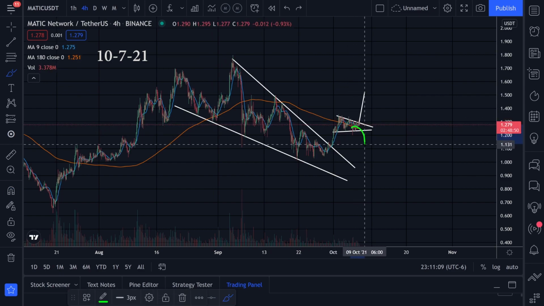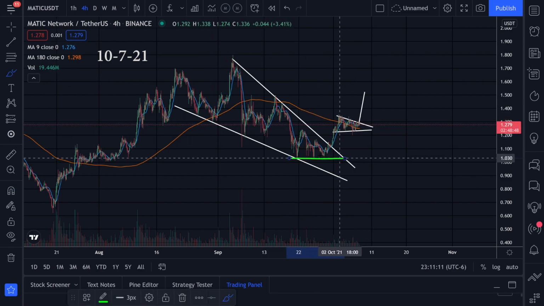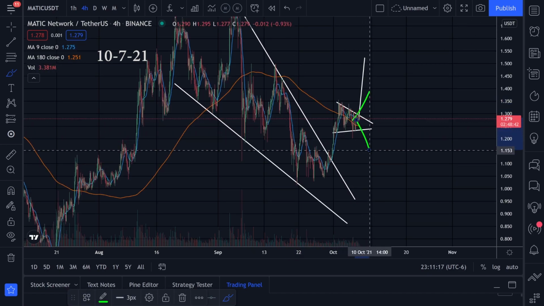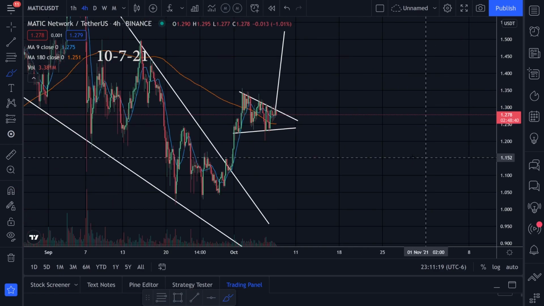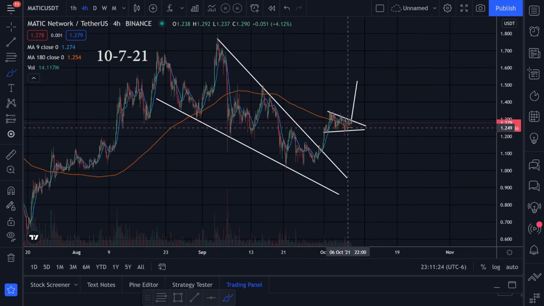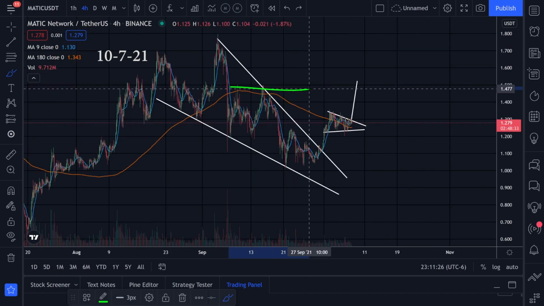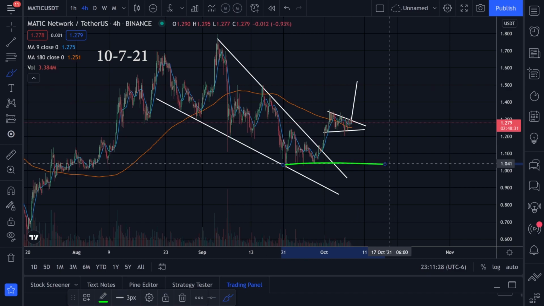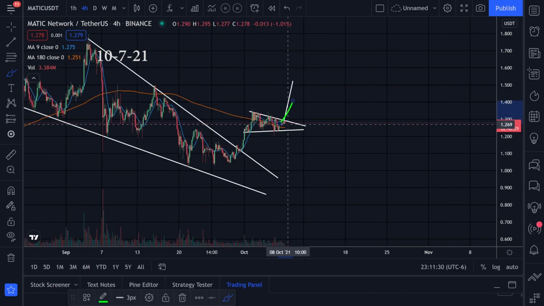I think if we break to the downside though, we might have to target around 104, maybe something like that. So you probably want to wait for a breakout to the upside or to the downside before you actually start targeting this area. But in general, I've been dollar cost averaging, so I'm looking for this higher target more than this bottom one. But let's see if we could get a break to the upside or to the downside. I'll be keeping an eye on this chart.